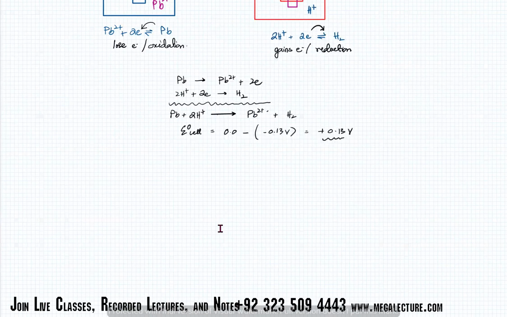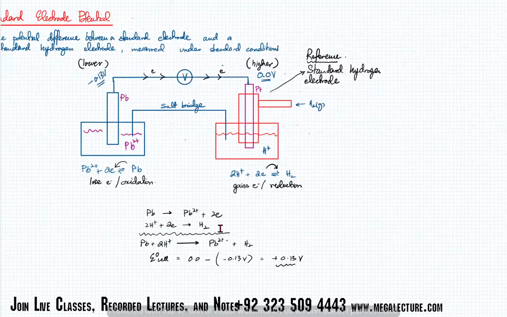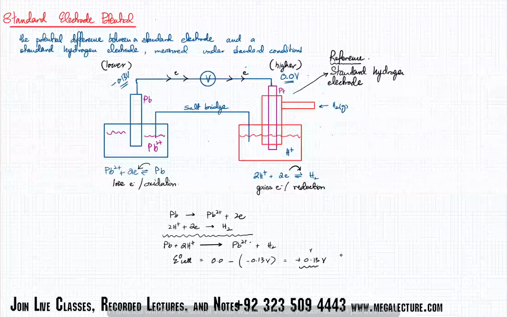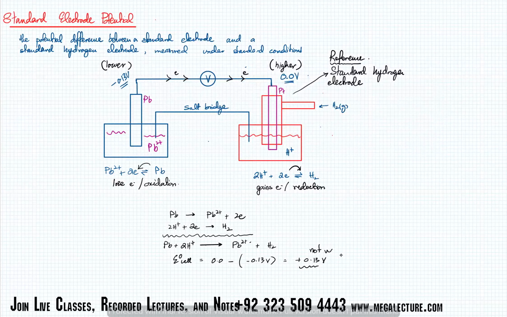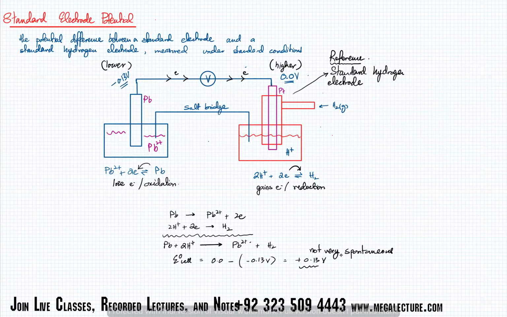Here it's just 0.13 volts. So not very spontaneous. I mean, it's barely feasible. If both were 0, then there would have been no reaction. The electrons would not be flowing.